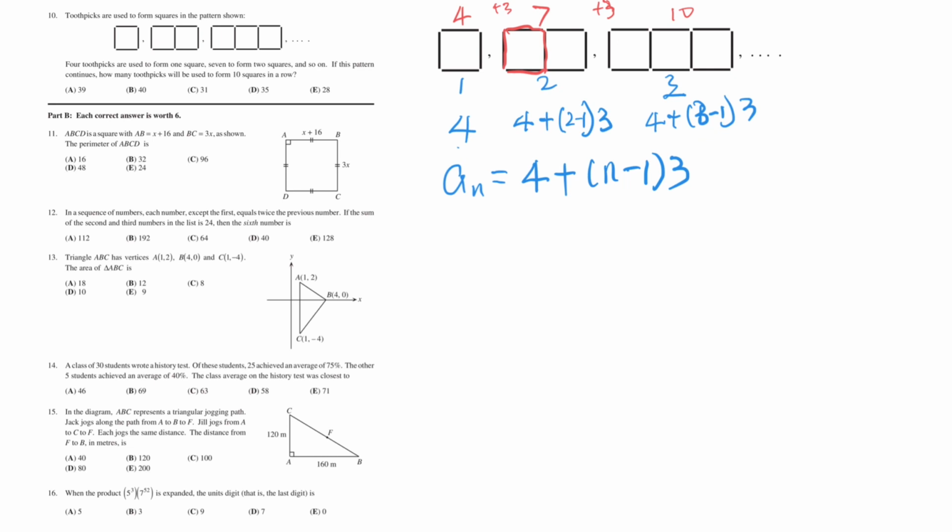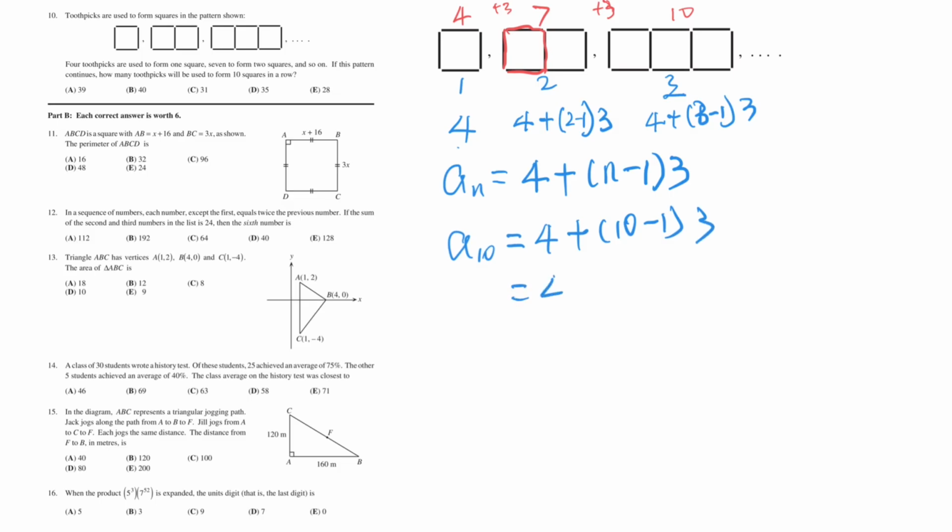In this problem, how many toothpicks will be used to form 10 squares in a row? 10 squares is the 10th term, so it equals 4 plus 10 minus 1 times 3.